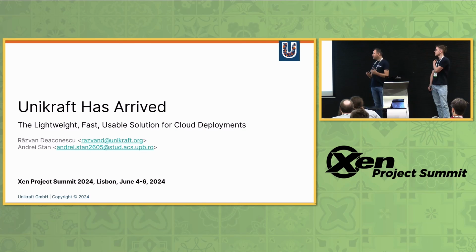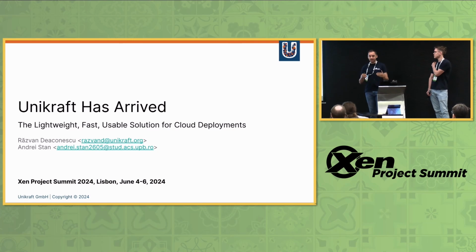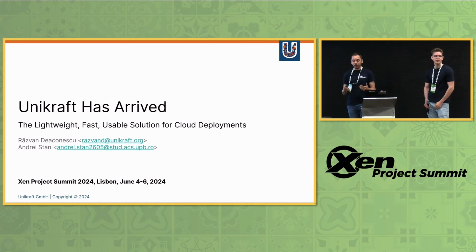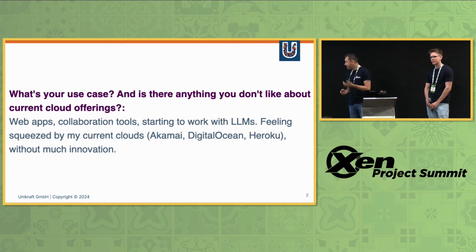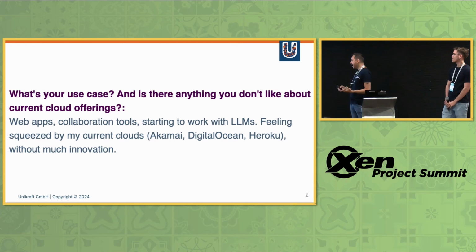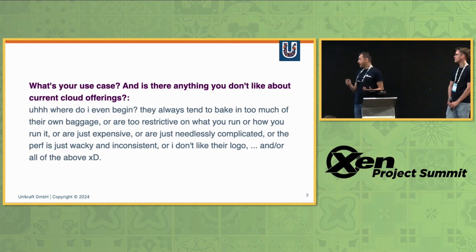And what we've been doing is making progress towards making unikernel technology something you want to use for cloud deployments. Based on that, we've been doing a lot of back and forth with potential users on their pain points. Here, for example, are some items that people talk about. They feel squeezed by current clouds without much innovation.